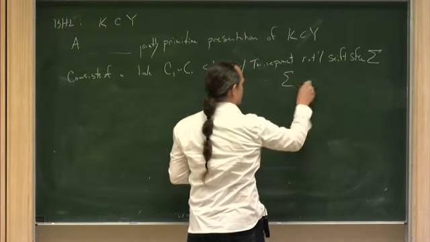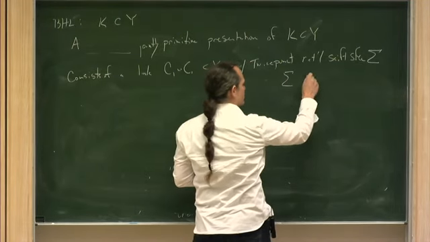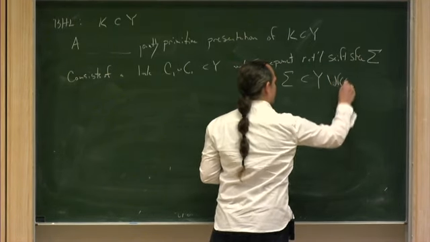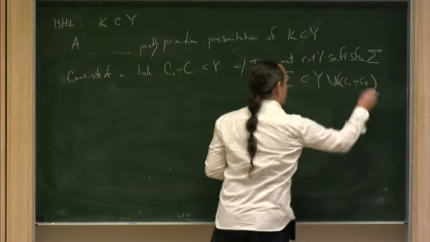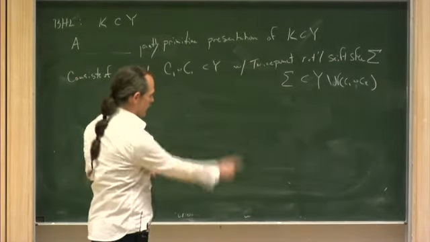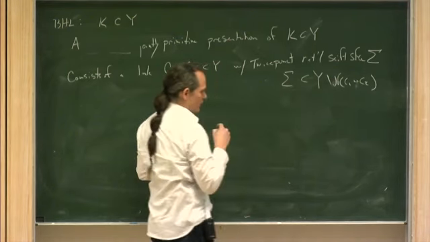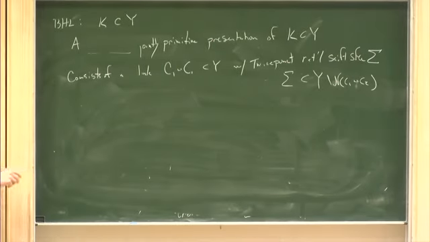So sigma is some twice punctured torus that's properly embedded in Y minus the exterior of C1 and C2, so that one boundary component of sigma is on each of these torus boundary components.